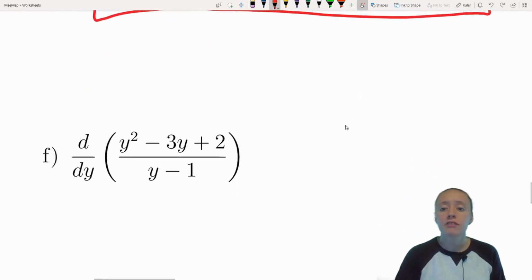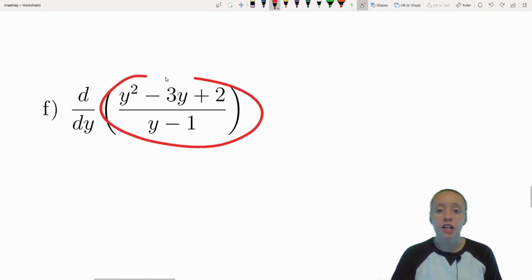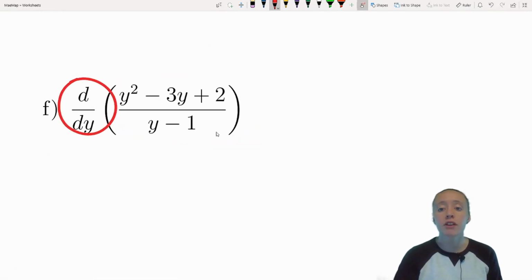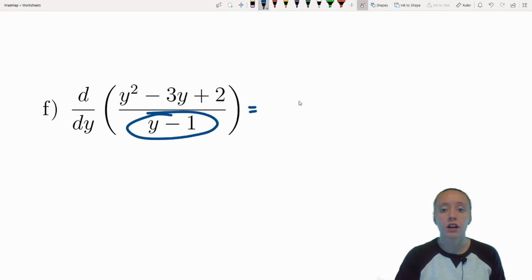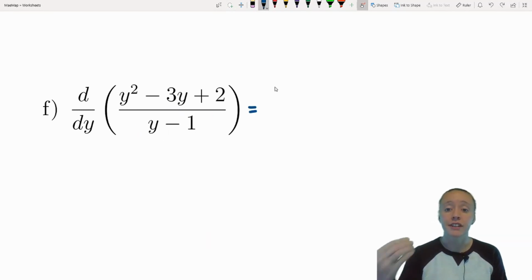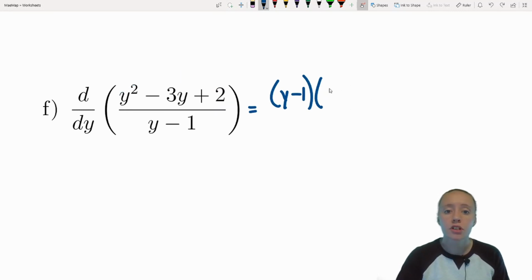Moving on to part F, we're going to take the derivative with respect to y. Y is our only variable in our function, and we're taking the derivative with respect to it. So let's go ahead and use those same methods. And this is going to be the quotient rule. So low, our lower function, our function in our denominator, y minus 1, times the derivative of our high, the derivative of our numerator, which is going to be 2y minus 3.